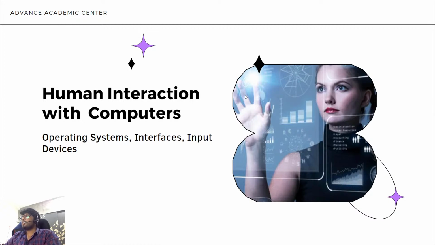Also the interfaces. Some people have replied that we interact with computers through apps. Apps also have interfaces. Through interfaces we interact with the computers, and also with some input devices.